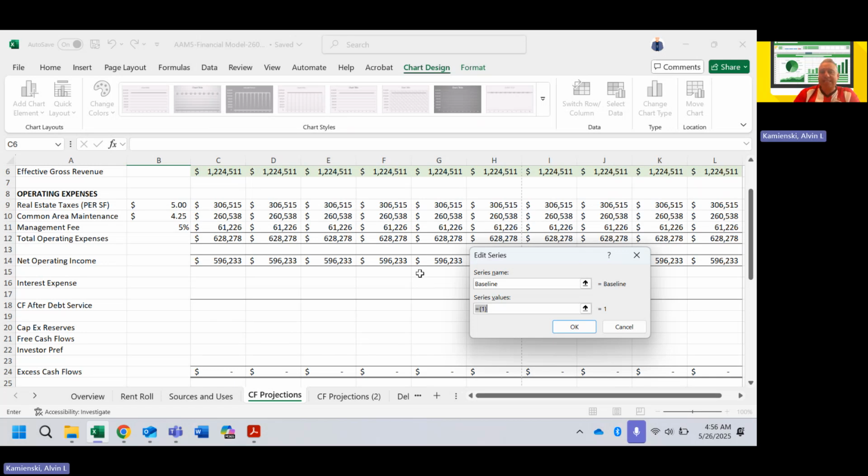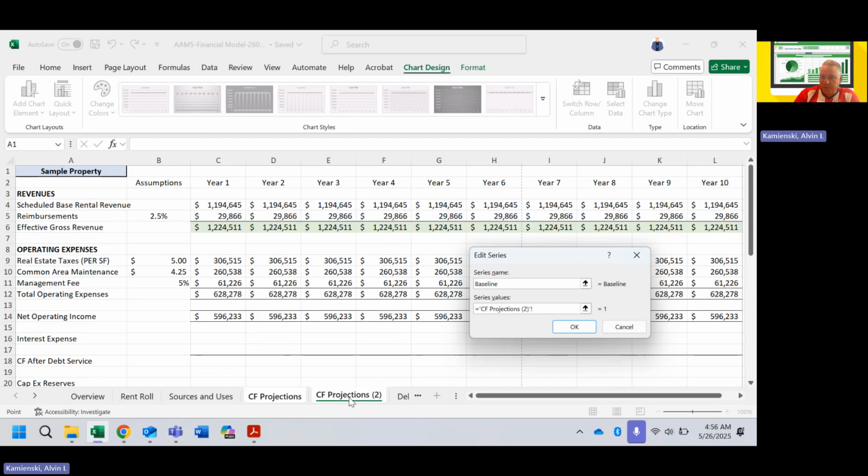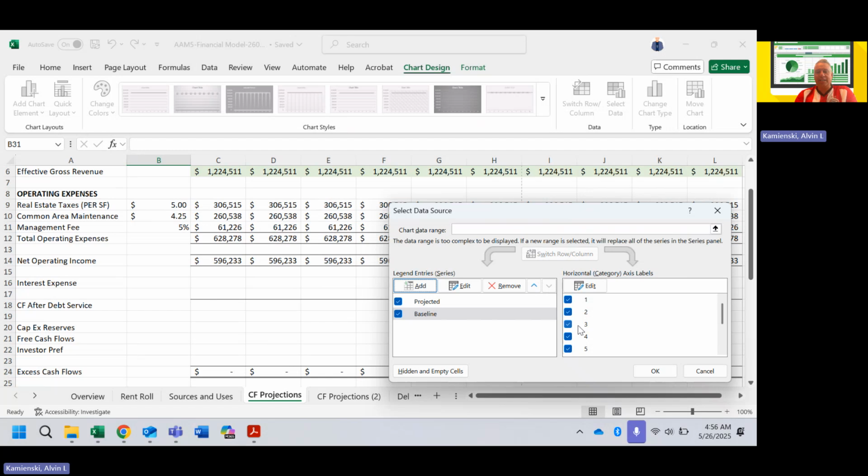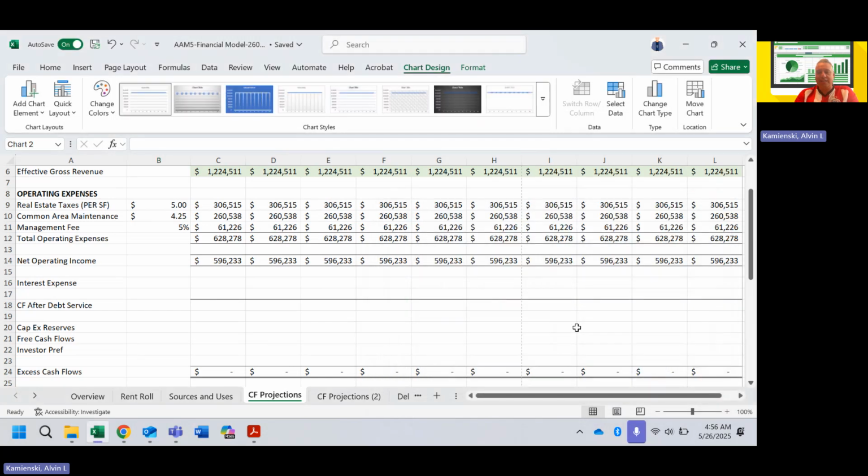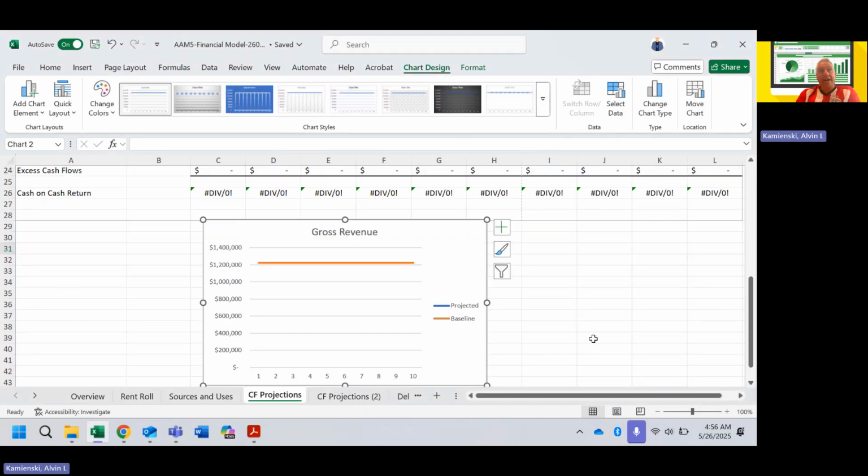So that your baseline data is off of cash flow projections 2, bring all of the effective gross revenue numbers in on cash flow projections 2. So that now, when I click OK, and then click OK again, look at the graph.